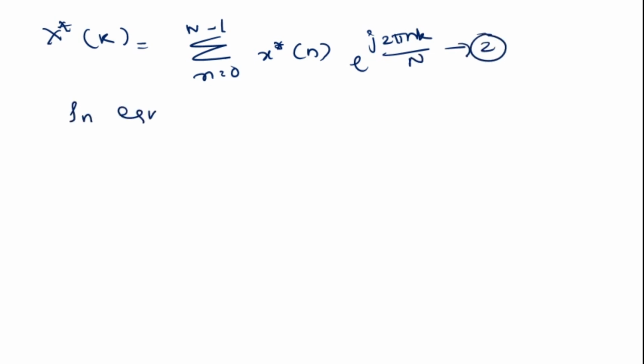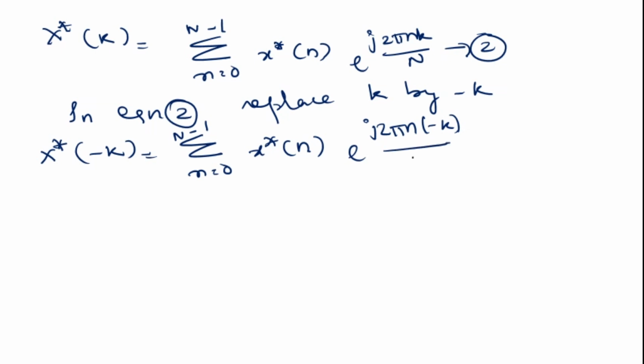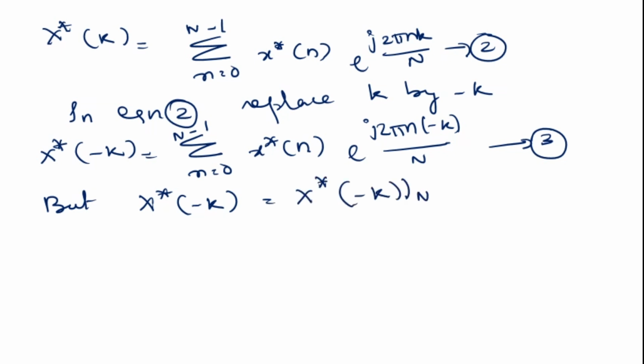Now in equation number 2, replace k by minus k. Then X star of minus k is equal to summation n is equal to 0 to N minus 1 x star of n into e power j 2 pi n into minus k divided by N. But X star of minus k is equal to X star of minus k of N, which is equal to X star of N minus k.